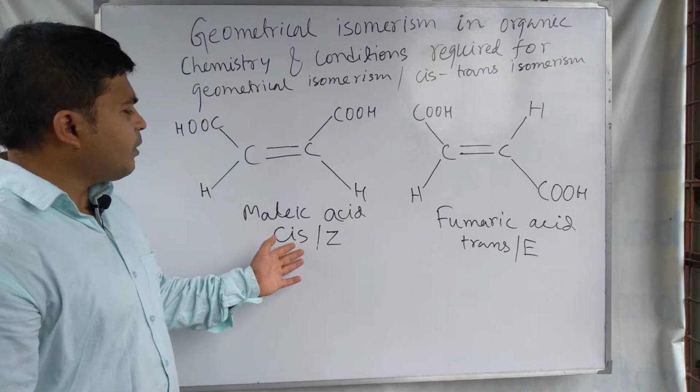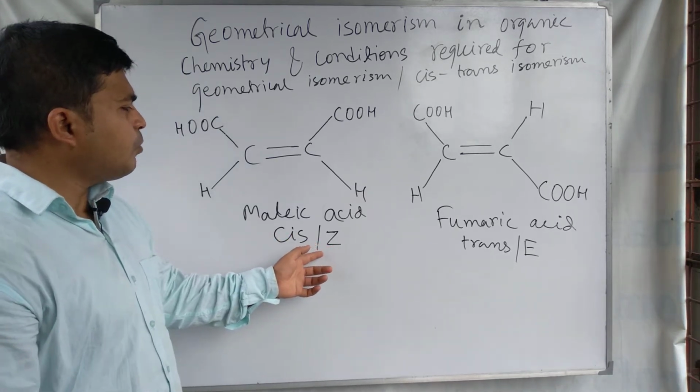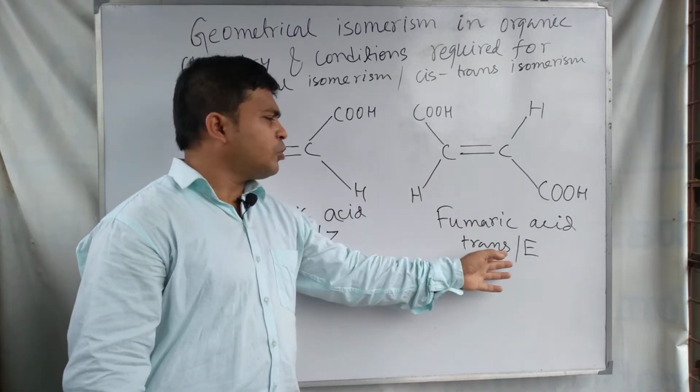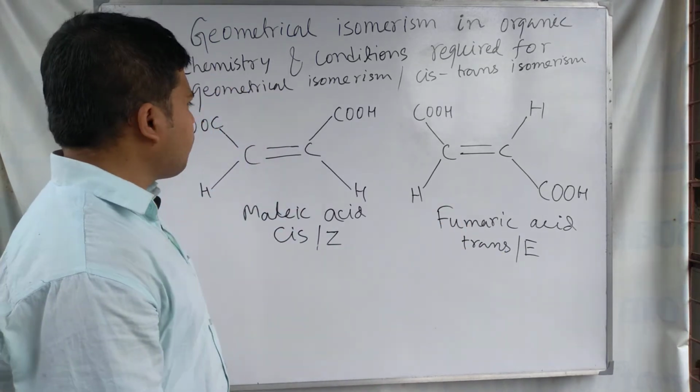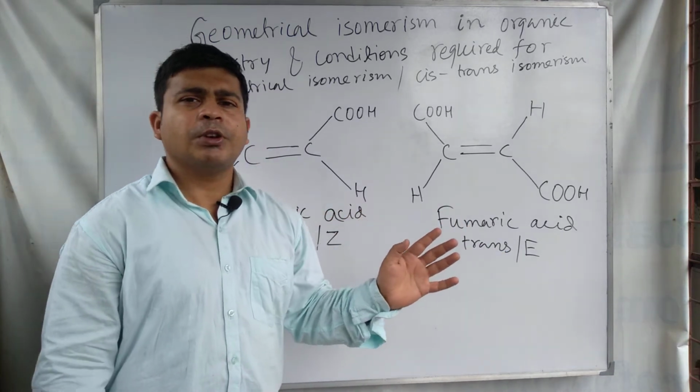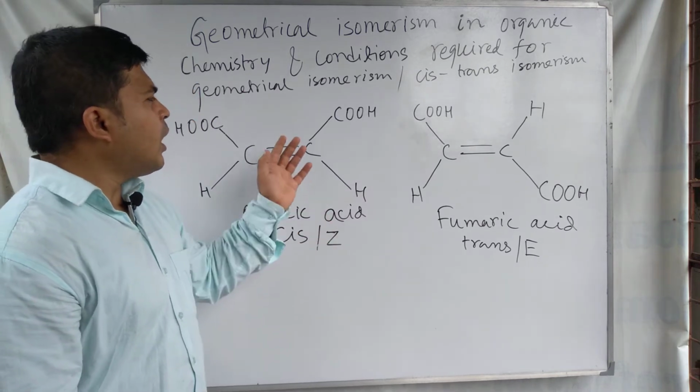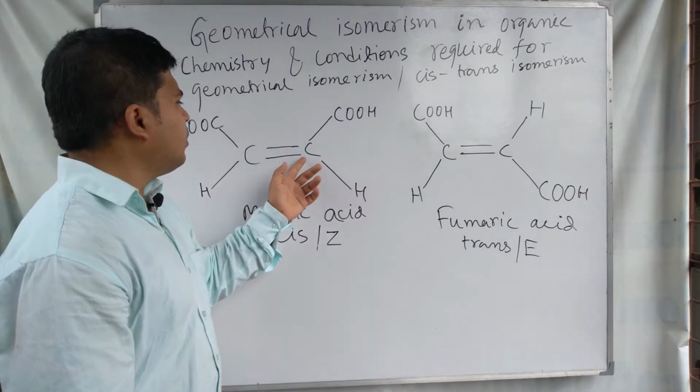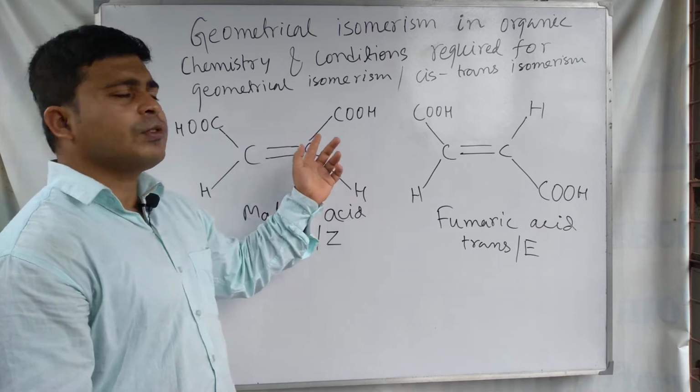For the cis isomer we also say Z isomer, and for the trans isomer we also say E isomer.